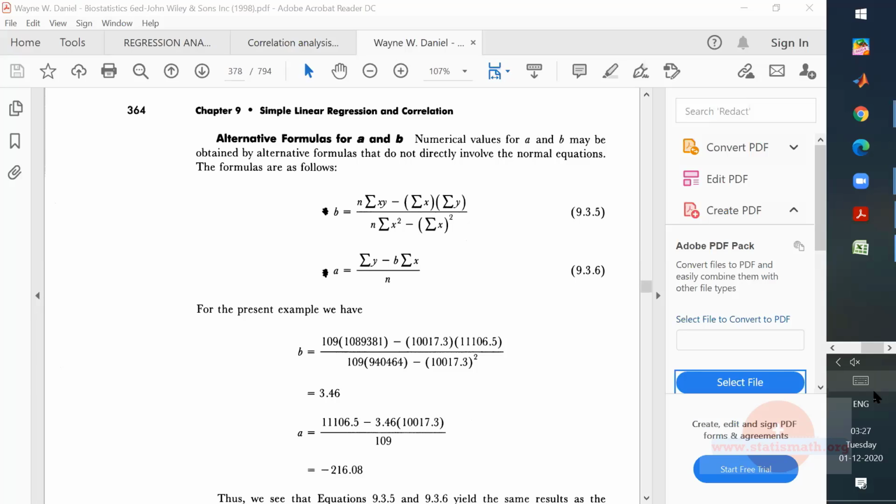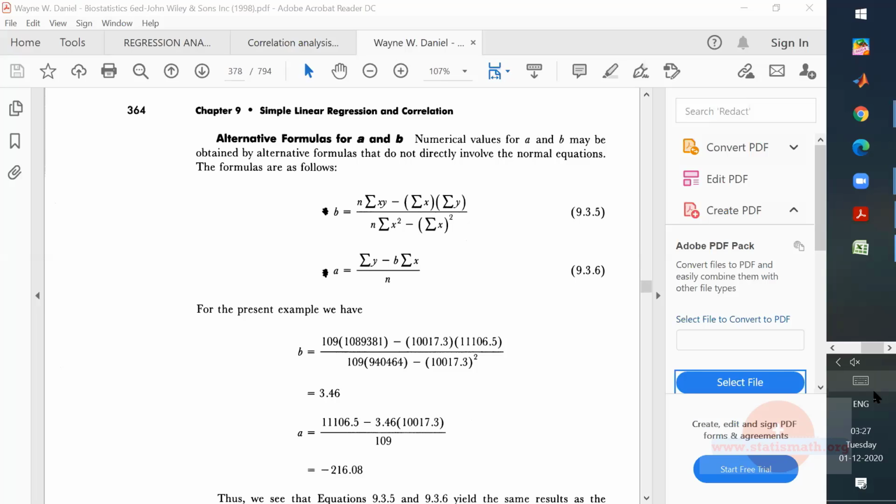Once you finish 9.3.5 and 9.3.6, use that for the same problem that we worked just now, the child's age and the liver volume example. Just plug in those values. You already have n, sum of xy, sum of x, sum of y, and all that, right?